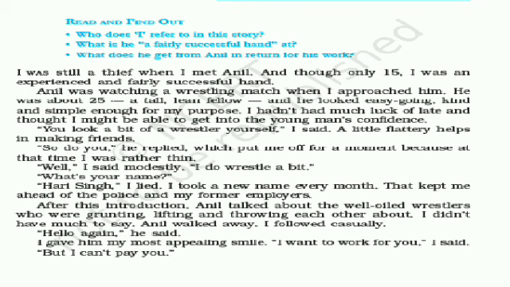So it says, "I was still a thief when I met Anil, and though only 15, I was an experienced and fairly successful hand."